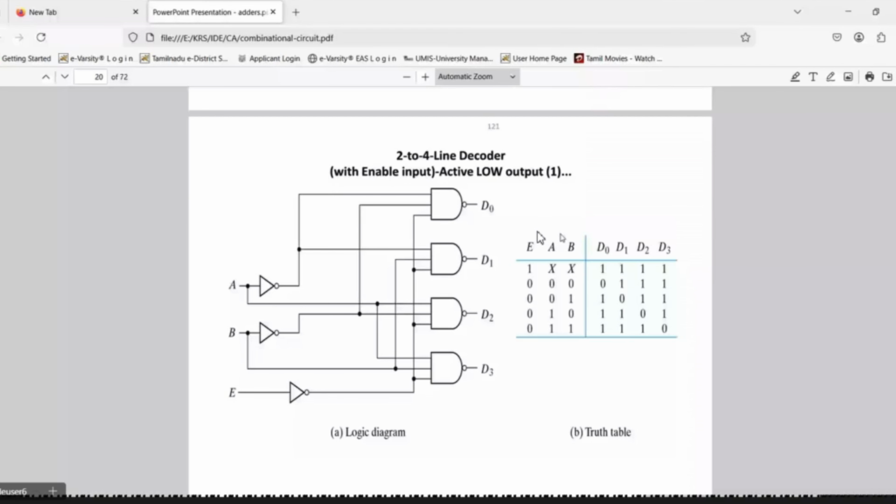So D0 is A dash B dash, D1 is A dash B, D2 is A B dash, and D3 is A B.